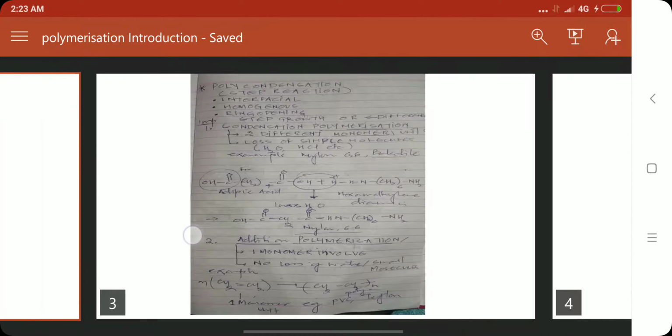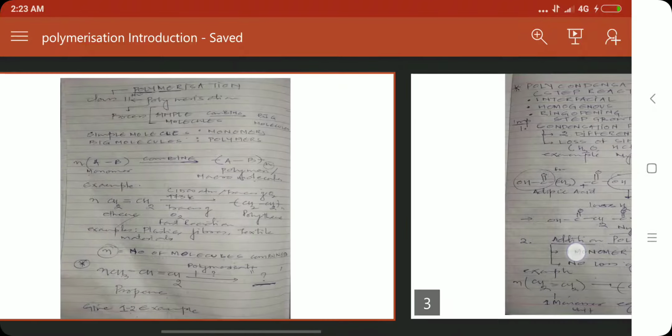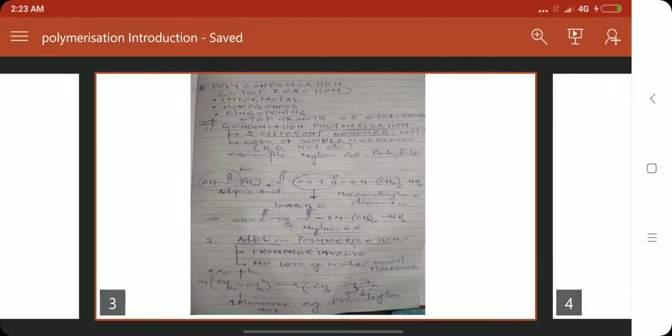Moving to the next. We are done with this one. So in condensation reaction, that is step growth reaction or condensation polymerization, we have already discussed what we are going to study.